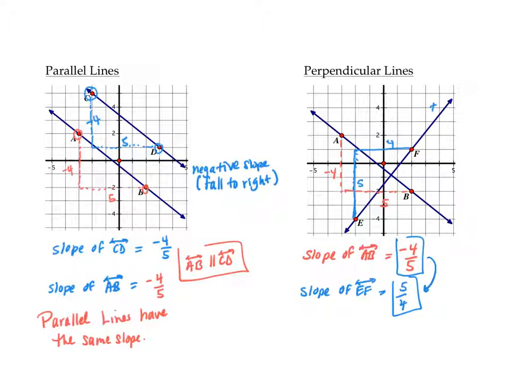The slope of the line perpendicular to that has to be positive, and then you take the reciprocal, which just means that you flip the fraction over. So perpendicular lines have slopes that are negative reciprocals.